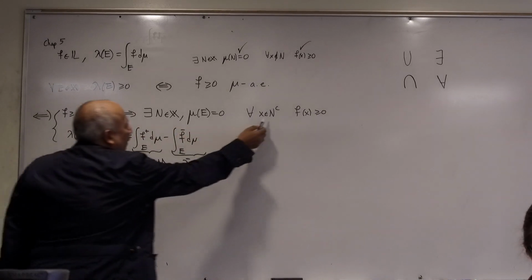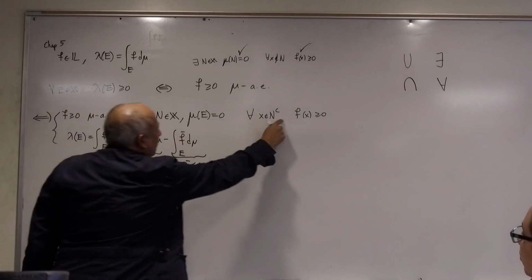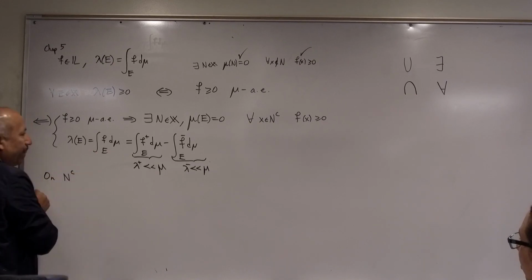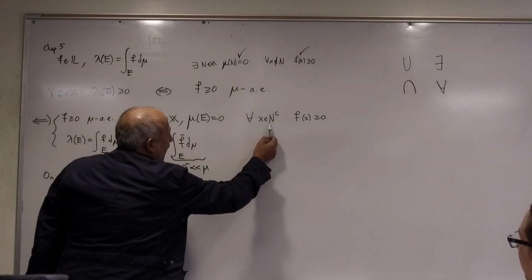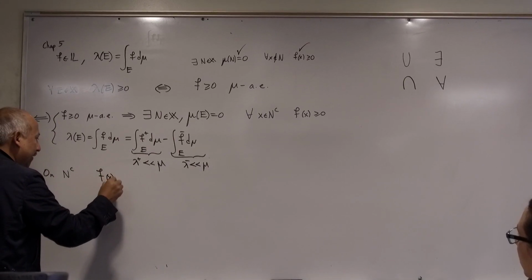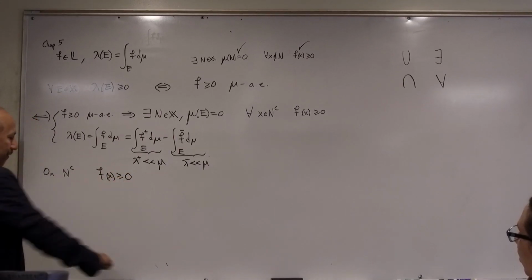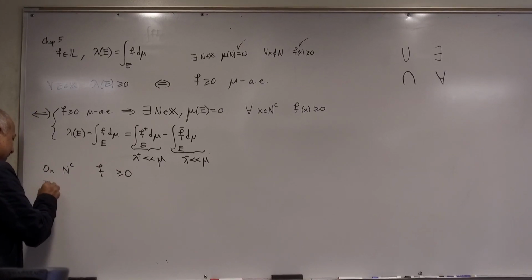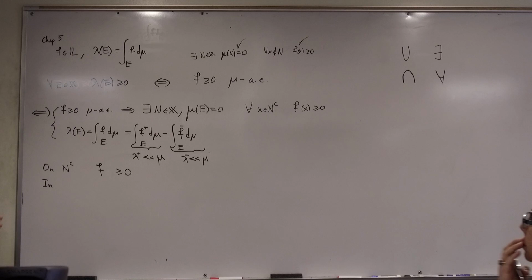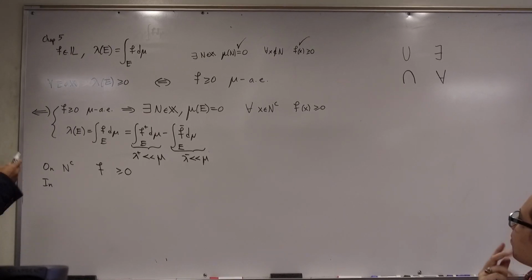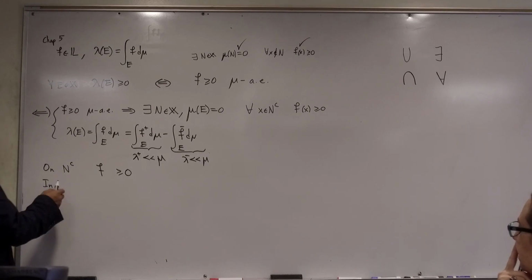So on N complement, what happens? Tell me yourself, guys. On N complement, for x in N complement, what's bigger? F is greater than or equal to 0, yes or no? So you kind of erase that, right? Hence, in general, it's the same technique. Try to memorize the technique. Danny, we're trying to apply the same process, like we're just watching and then we force ourselves to write a little bit.